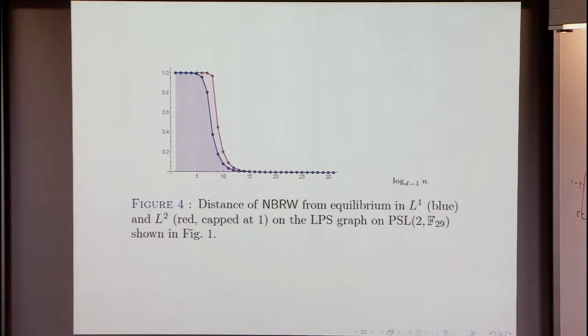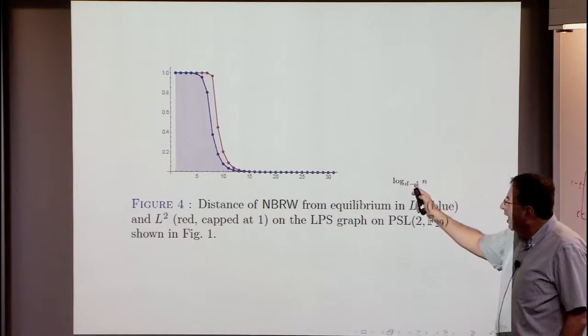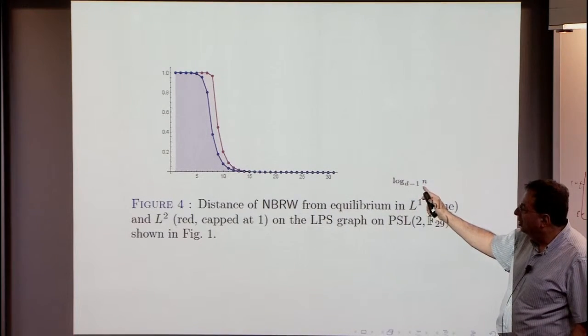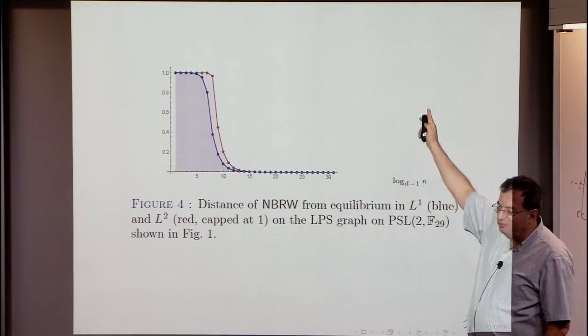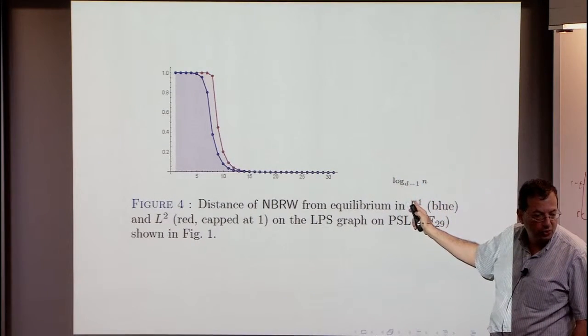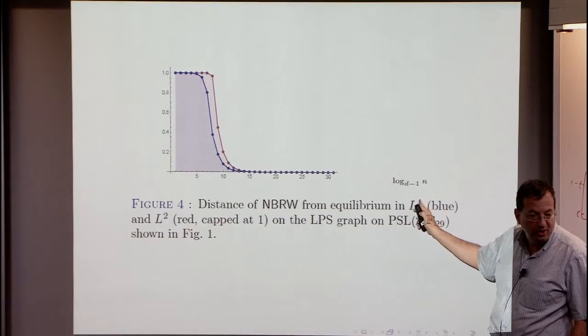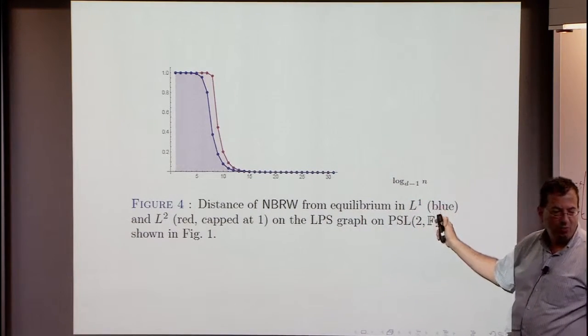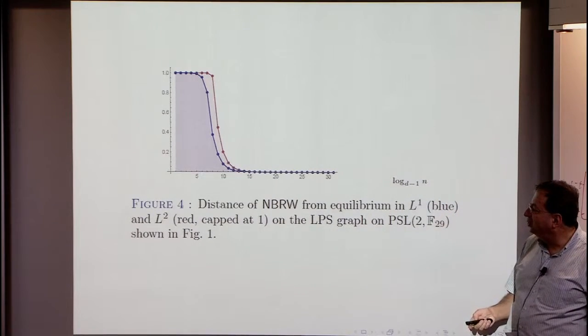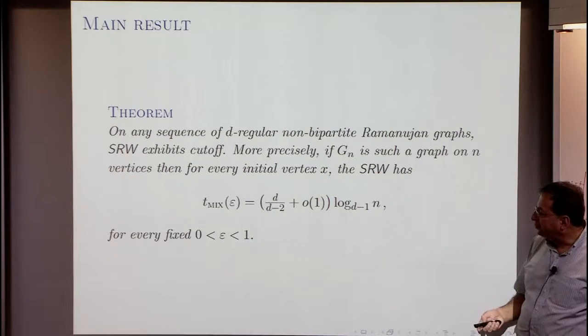And indeed, asymptotically, as n tends to infinity, non-backtracking walk in both L1 and L2 just mixes at log base d minus 1 of n to first order. So the constant here is 1, is the point I'm emphasizing. This is for non-backtracking walk, and this is what we want to capitalize on.